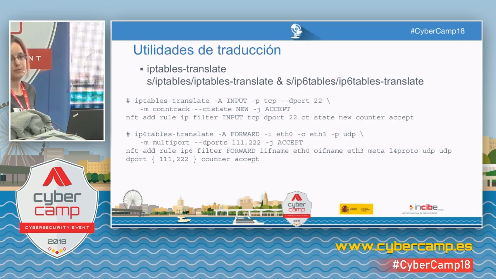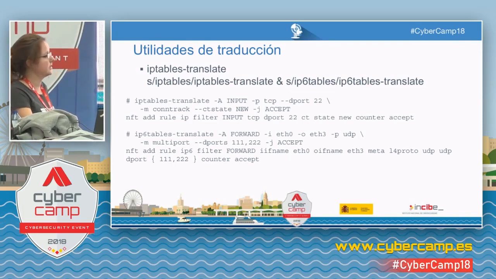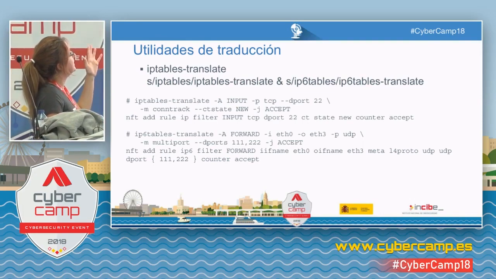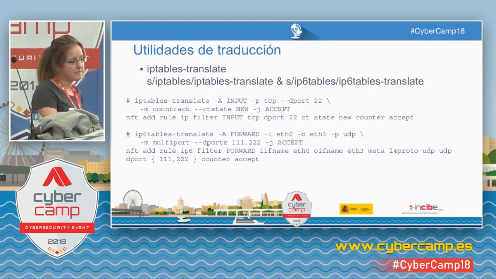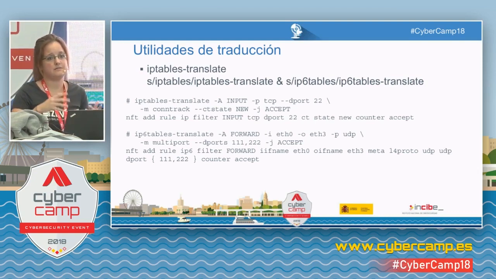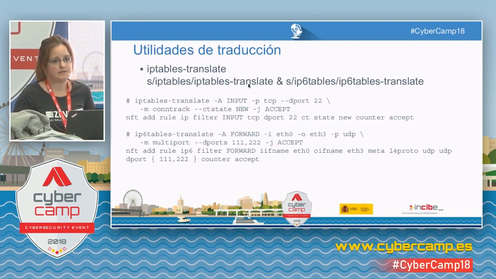Look at this. We have two basic tools that you can use, and they have good usability, in fact. You could use the iptables-translate command. If you have a script that runs on iptables, you would replace the iptables binary with iptables-translate.